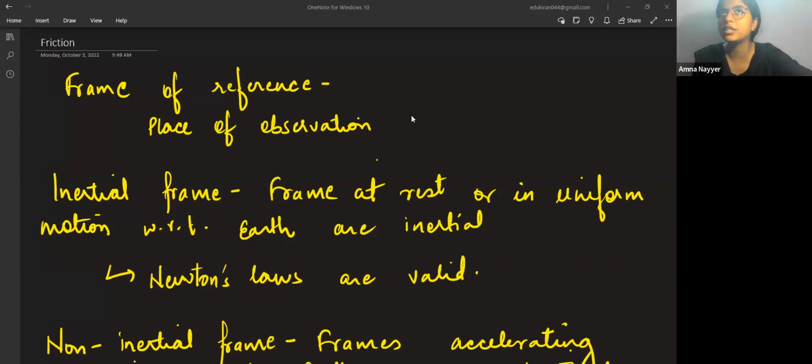Next, you have the non-inertial frame. What is meant by a non-inertial frame? It basically means your motion is non-uniform or your entire frame is not at rest; it is either accelerating or in non-uniform motion with earth. For example, something is moving around the earth, but at non-uniform speed.